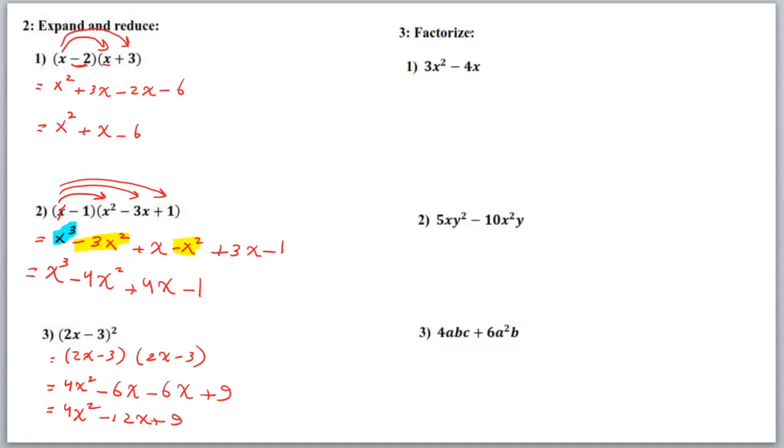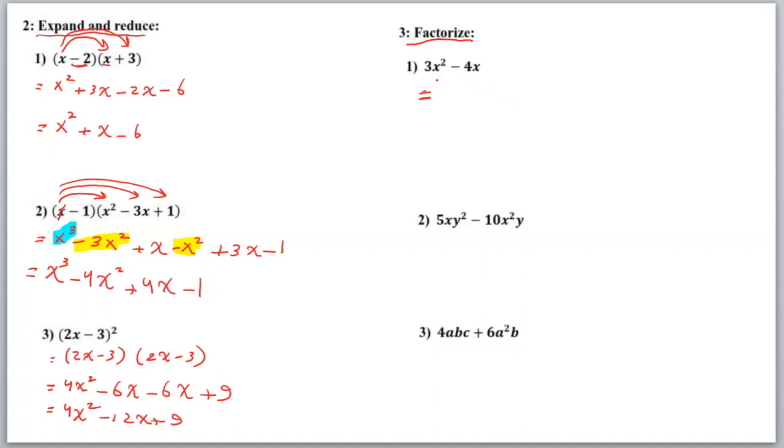Okay, now factorizing. In factorizing, we are doing the opposite process of expand and reduce. Okay, this is opposite to this. So when I factorize the expanded form, this expression, I should do it with brackets, okay, to the origins of it.